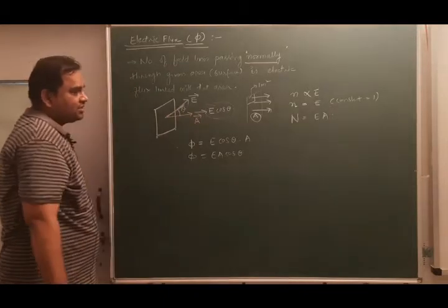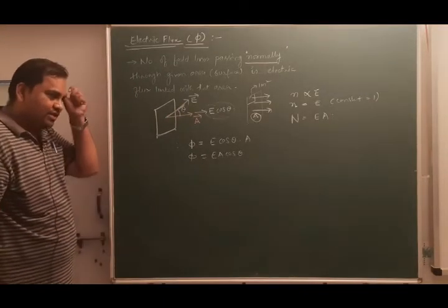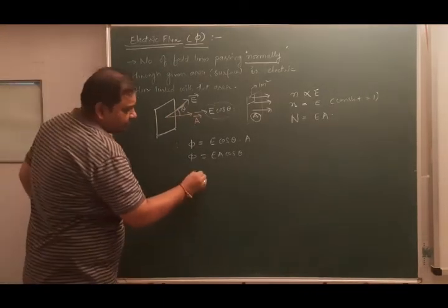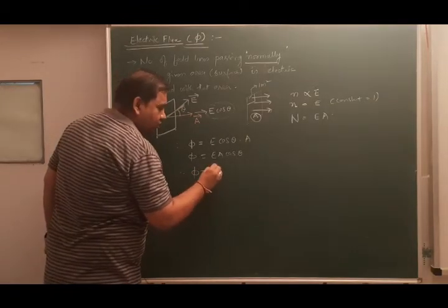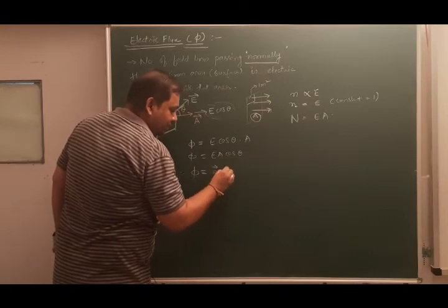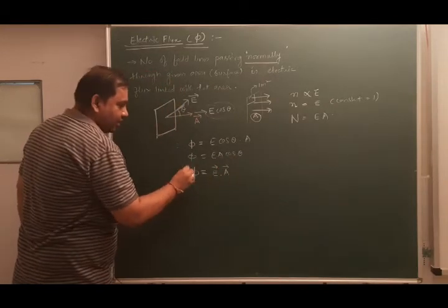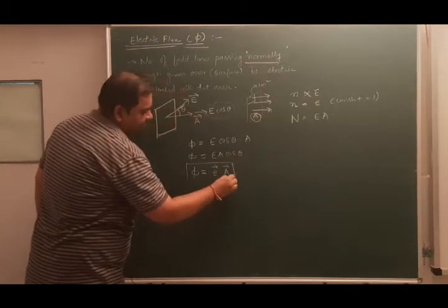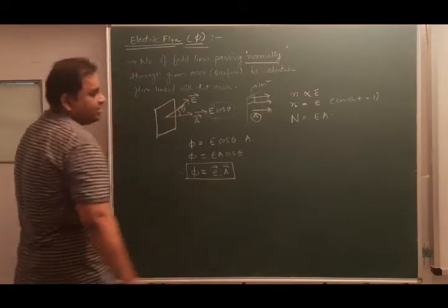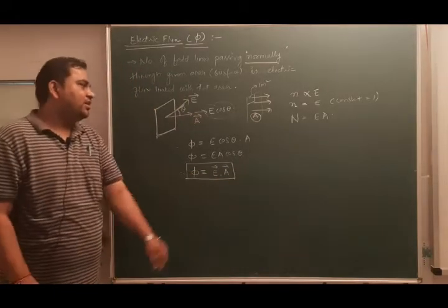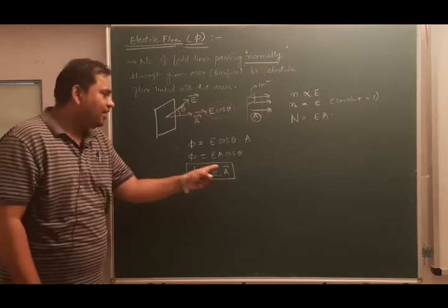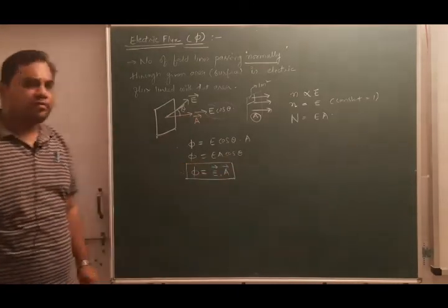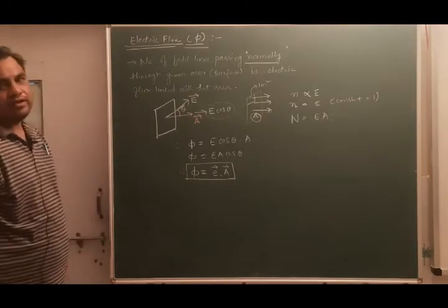This is the flux that is linked with the given surface. So the flux linked with this surface is equal to vector E dot A. E dot A is nothing but EA cos theta.